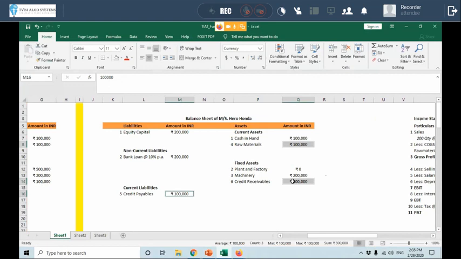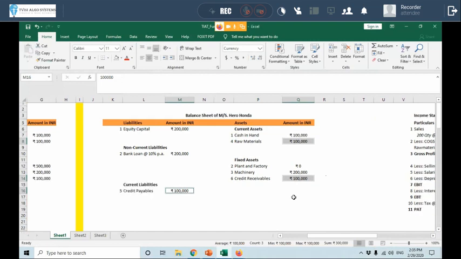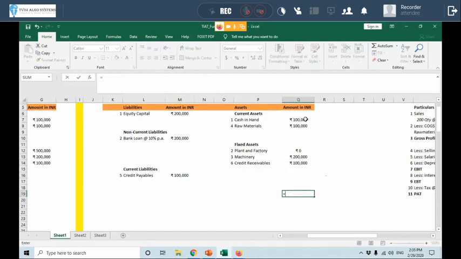So your business is already considering this. Now, if there is any additional requirement in your working capital, that you will add. Right now the working capital of this company is this plus this minus this, 1 lakh rupees.